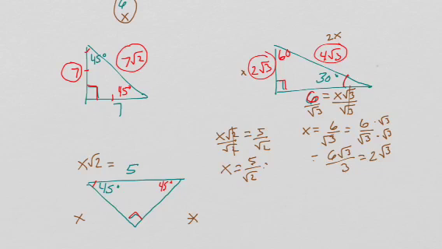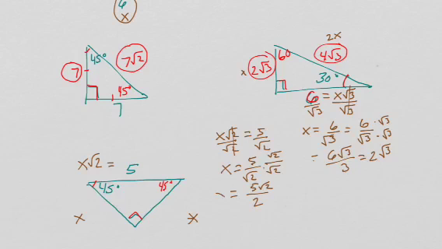Again, we can do it on the calculator, but that's not the standard way to do this problem. Instead, we'll multiply the top, the numerator, and the denominator by the square root of 2. We're going to rationalize the denominator, so square root of 2 times the square root of 2 is 2, and then the numerator becomes 5 square root 2.